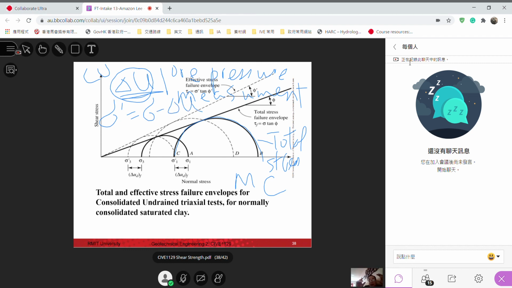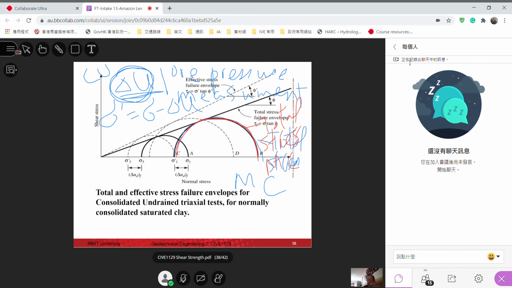Okay, so in a triaxial test with pore pressure measurement, we measure the total confining stress, sigma 3 total, and total vertical stress, sigma 1 total. So we can plot out the total stress Mohr circle.